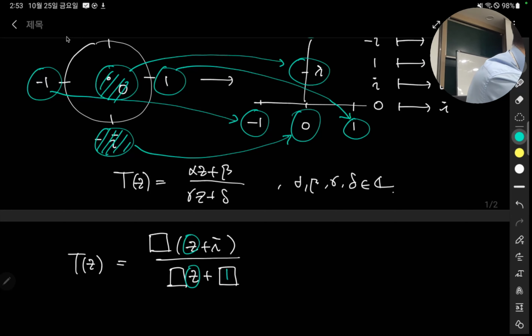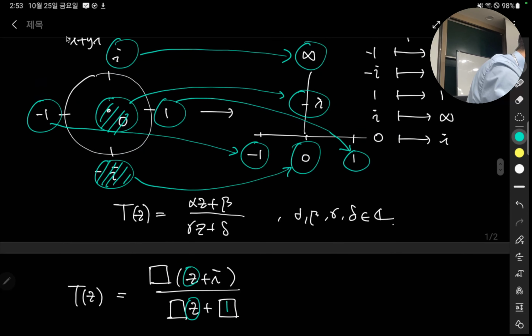Okay, I'll try with this 1. And let's try out other points. How about -1 here? I want to get -1 when I plug in -1 on z.